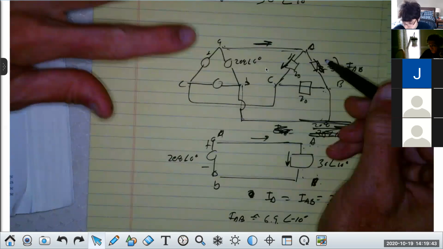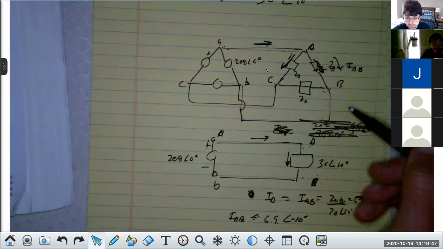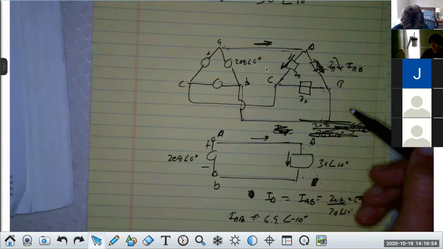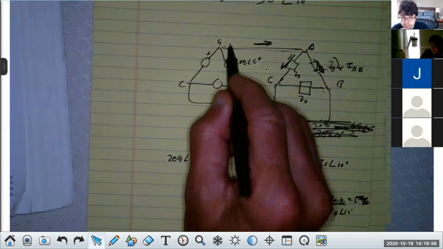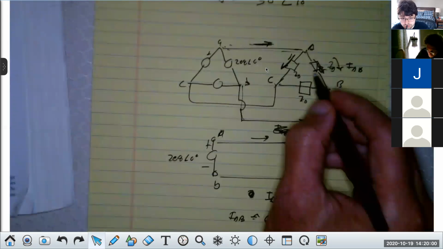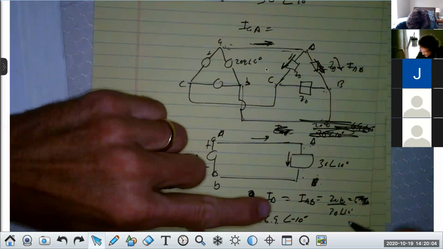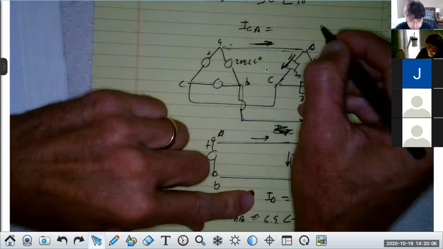Remember before, VAB was increased by the square root of 3, and the angle was advanced by 30 degrees, right? All right, that was for the voltages. For the currents, for this current, I small a capital A, you actually take this current's magnitude and multiply it by square root of 3.